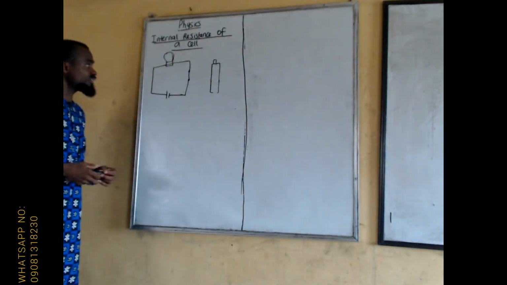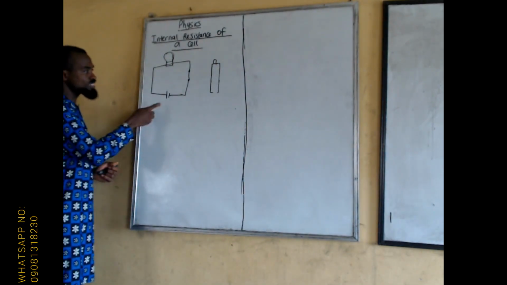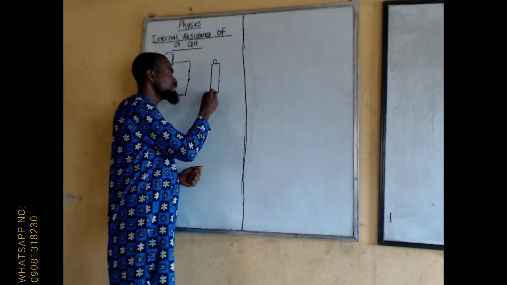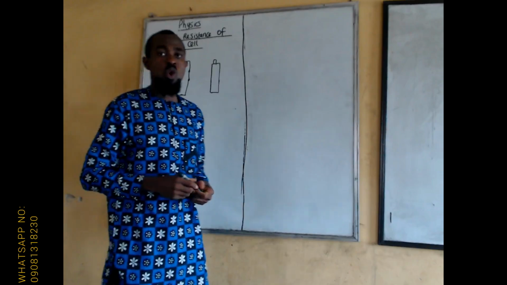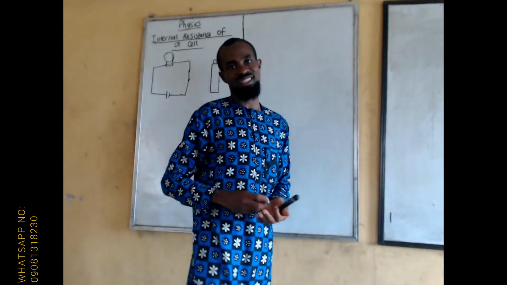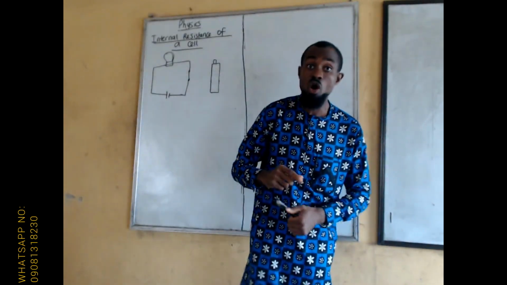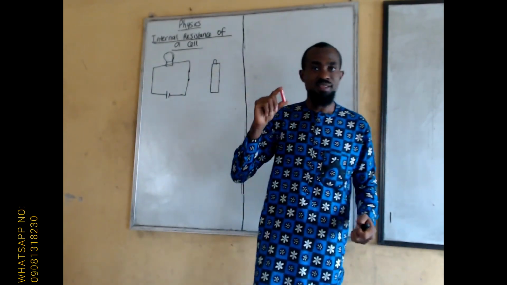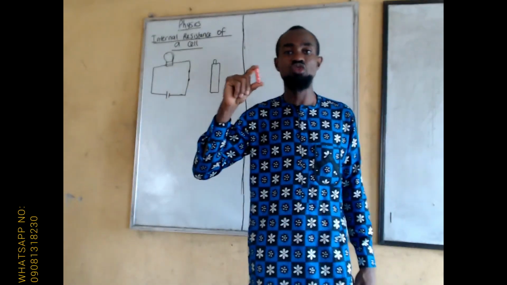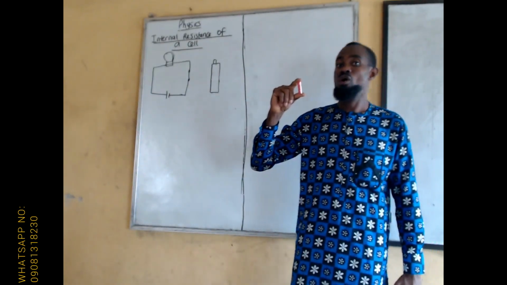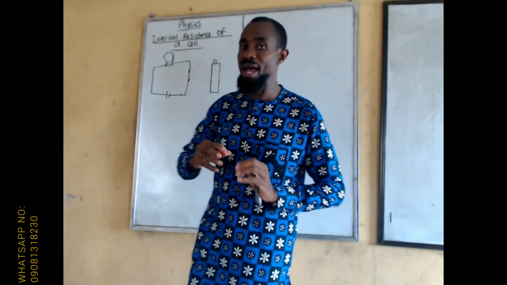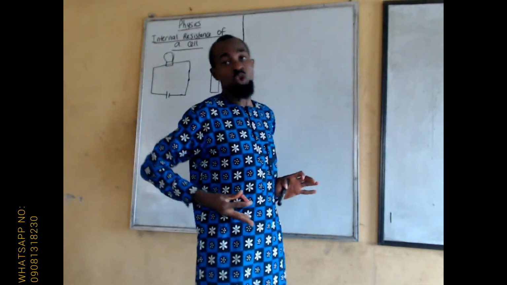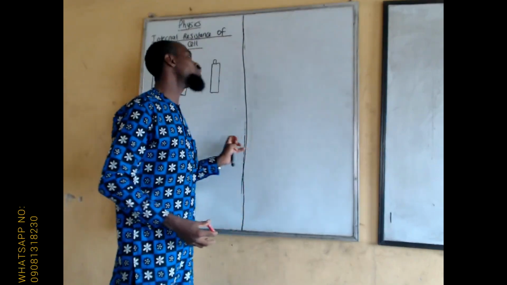Now, if you have a direct current circuit, the cell or battery you are making use of was designed to provide a specific amount of EMF, a specific electromotive force, which is the electric pressure for charge to flow in the conductor.